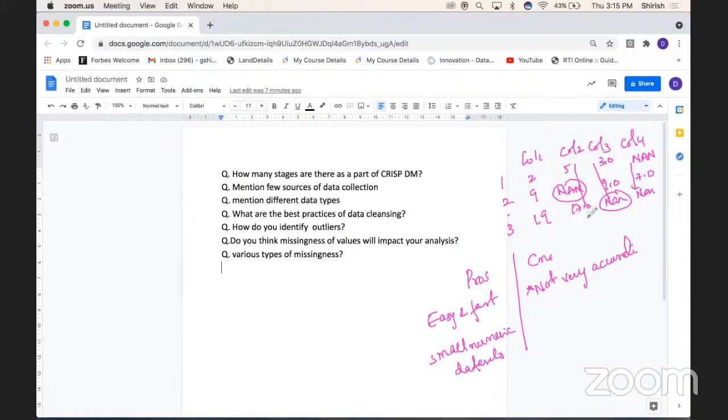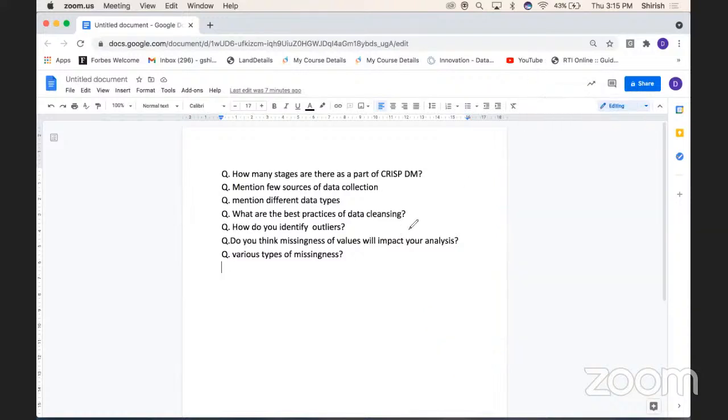Then the second technique is using the most frequent value. Most frequent means you calculate the most repeated value, the mode. This is used mostly for categorical features, by replacing the missing data with the most frequent value in each column.